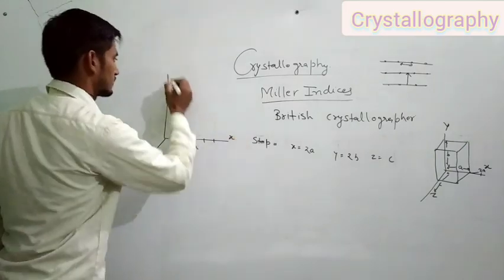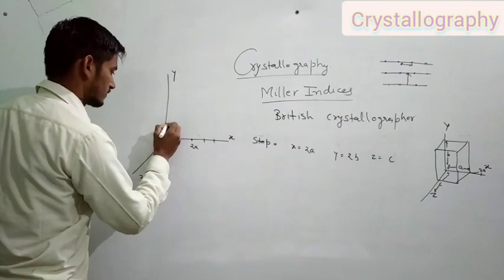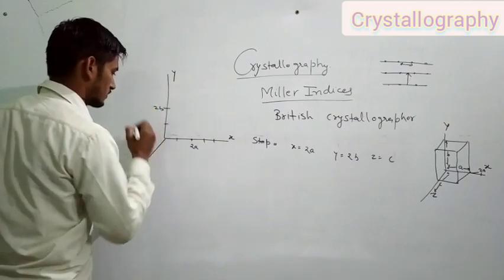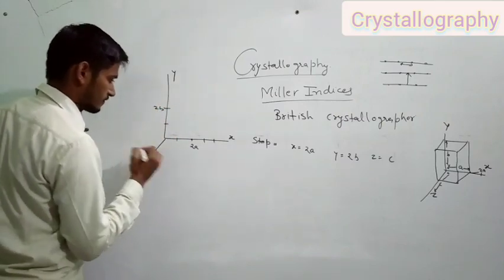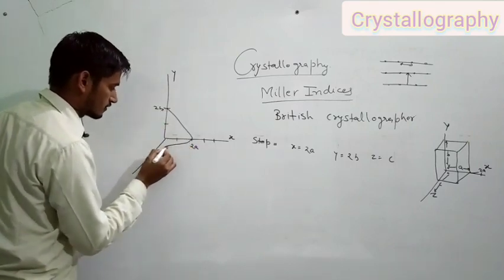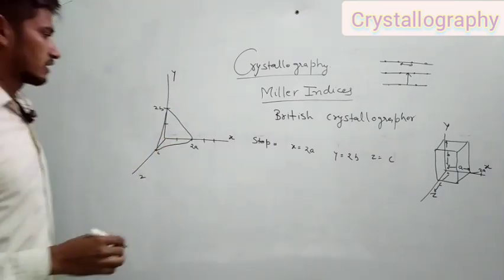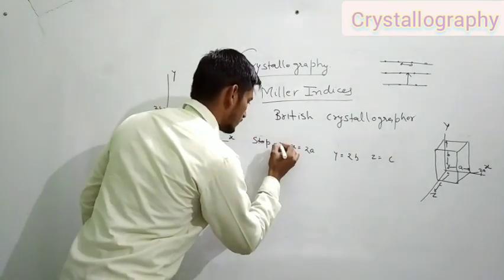This is the x-axis, this is the y-axis, this is the z-axis. It is a crystal plane.